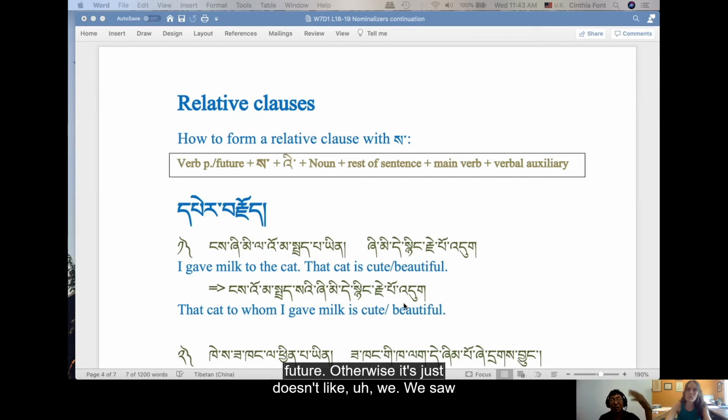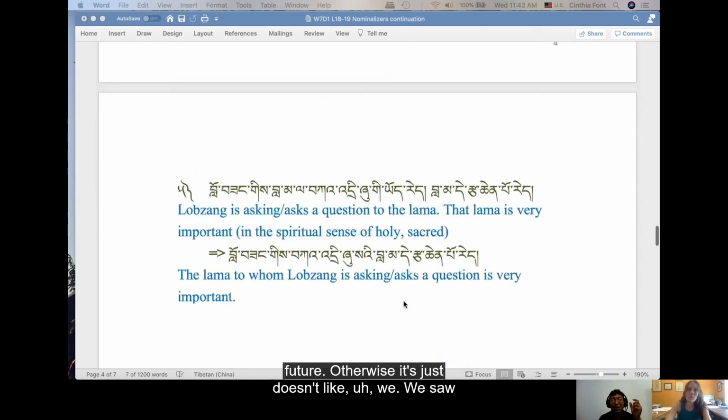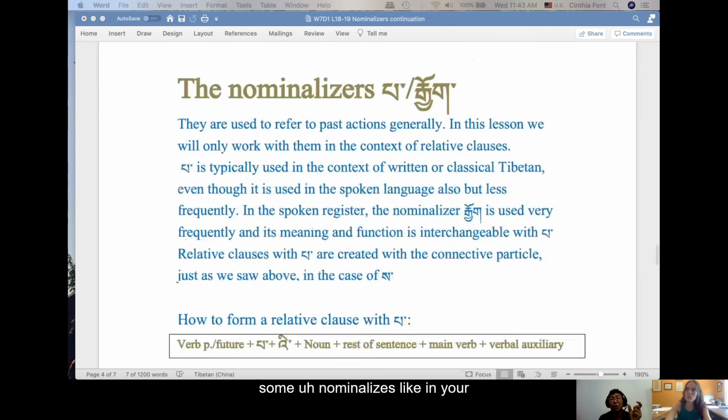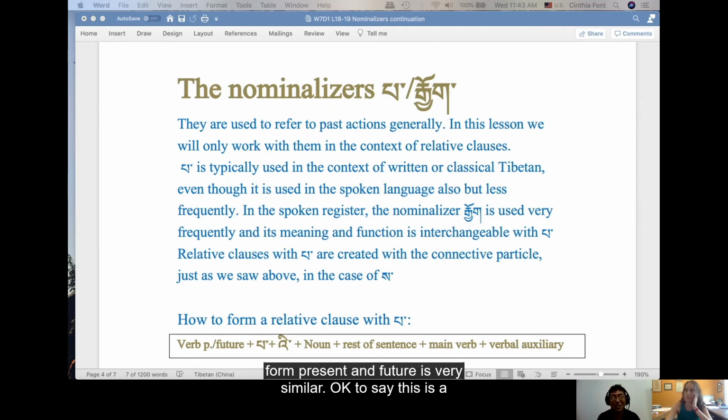Like we saw some nominalizers like nyosa, tungsa, sasa, and then if we turn into past form, sesa doesn't work. So it should be kept in the present and future form. Present and future is very similar. Okay, this is just to clarify.